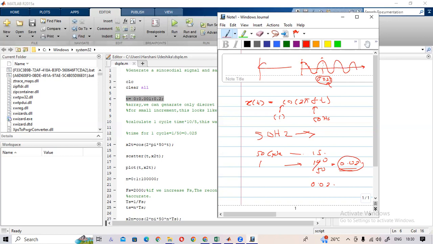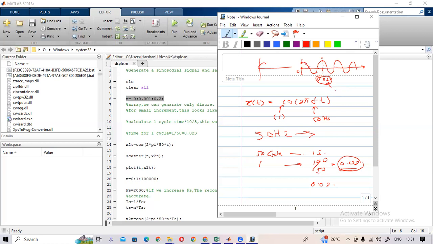So we are selecting some time values, from 0 to some value.